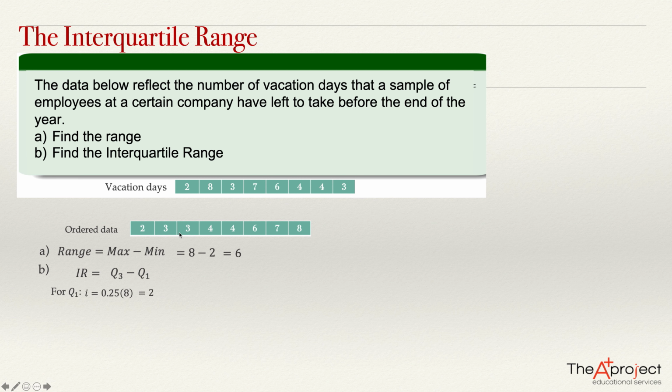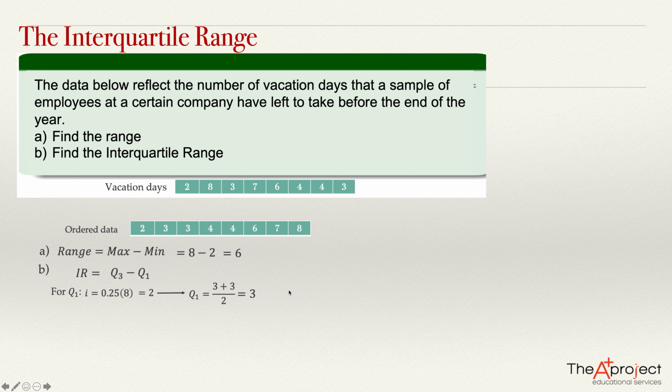So the average of 3 plus 3 divided by 2 equals 3. So Q1 will be 3 plus 3 divided by 2 equals 3. So you need to remember how to compute the quartile when you get a whole number at the index.